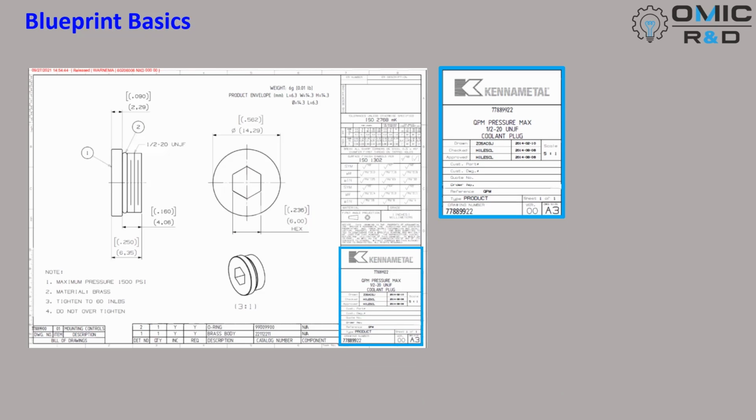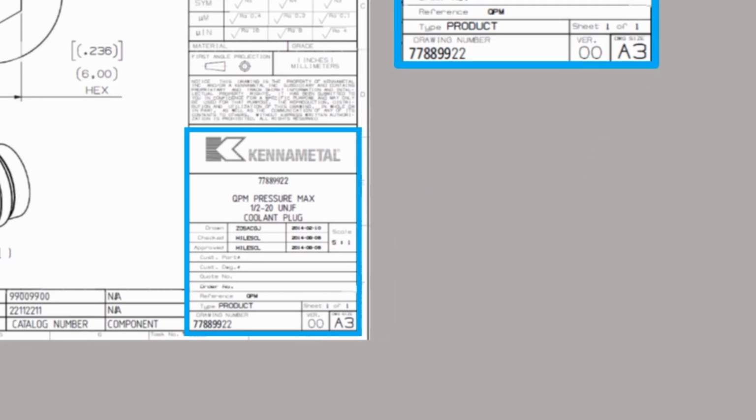Let's start by going over some of the fundamental input fields of any basic blueprint. Here highlighted in blue are the typical input parameters that a designer would start with.